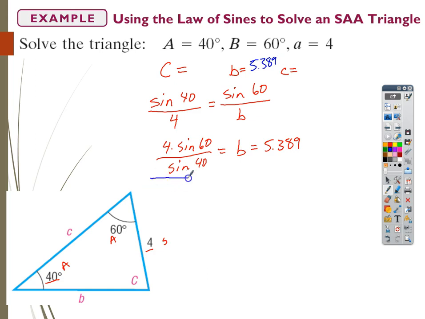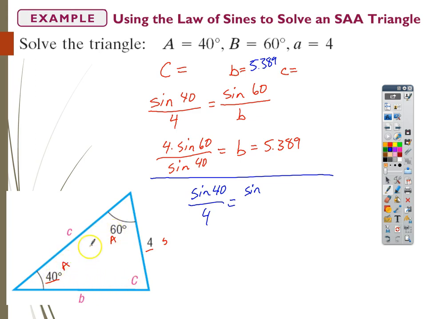Now, technically, I always use the same information I was already given, that's the exact information. B is technically an approximation because the calculator would have many more decimals after it. So I always go back to, if I want to find out the third side, sine of 40 over 4 is equal to sine of C. Oh, wait a second, what's C? Well, hopefully remember again that a triangle has 180 degrees in it.